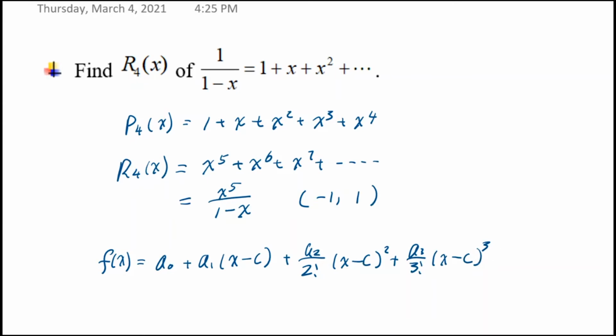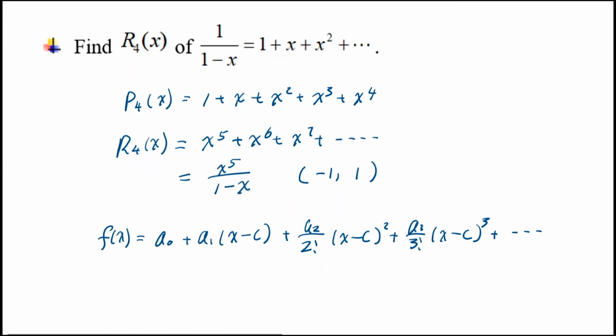Say we use that much. So what does this remainder, let's say R sub 4, look like? That is what we are getting at.